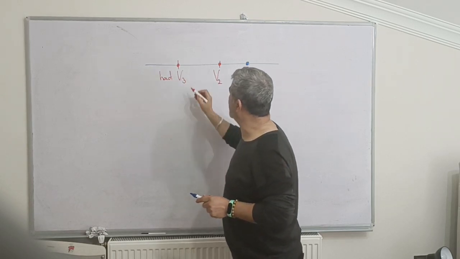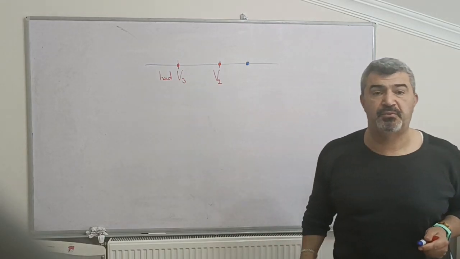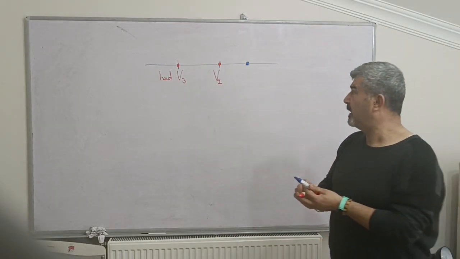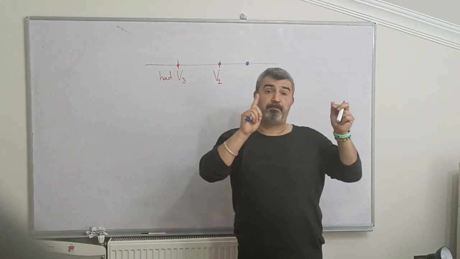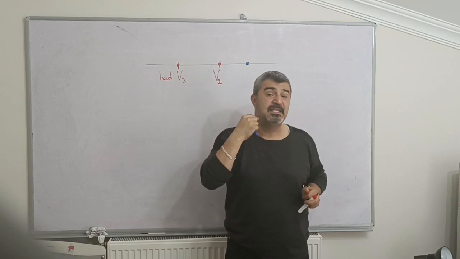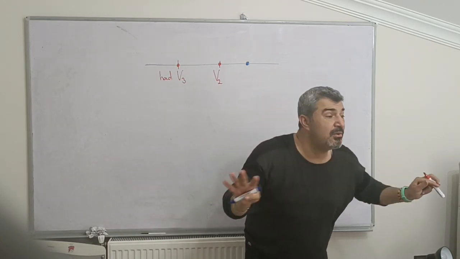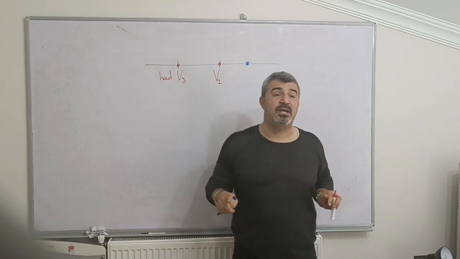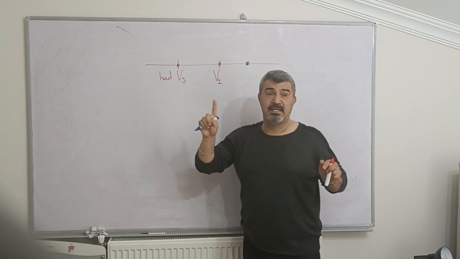And the structure of past perfect tense is had plus verb 3. Let me give you some examples about it. And in past perfect tense, please be careful about this rule. We cannot use past perfect tense alone in a sentence.